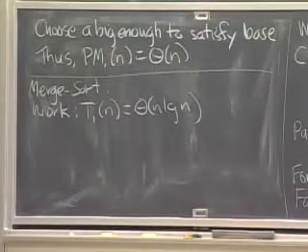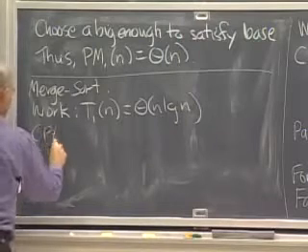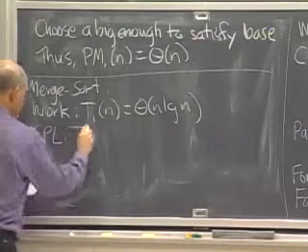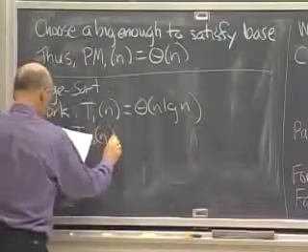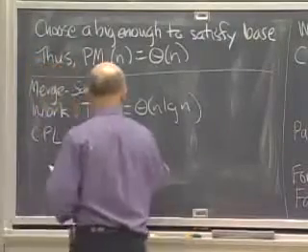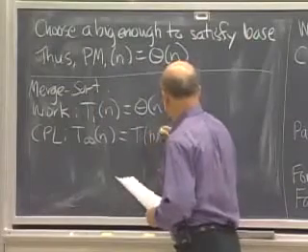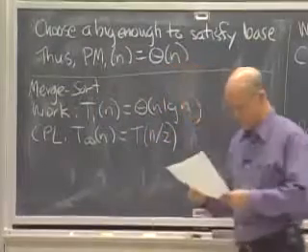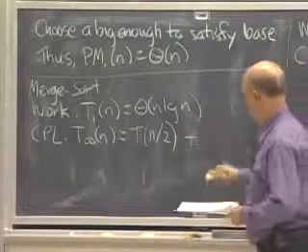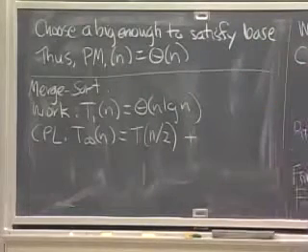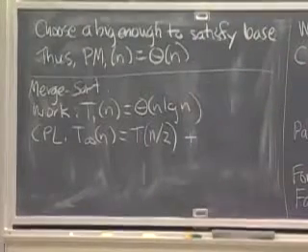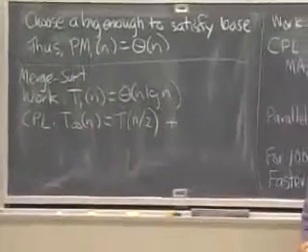The critical path length T infinity of n is, in normal merge sort, a problem of half the size, T of n over 2, plus now my critical path for merging is not order n as it was before.